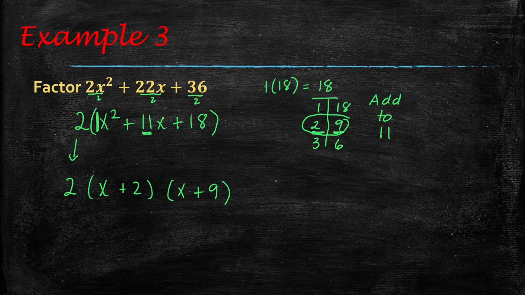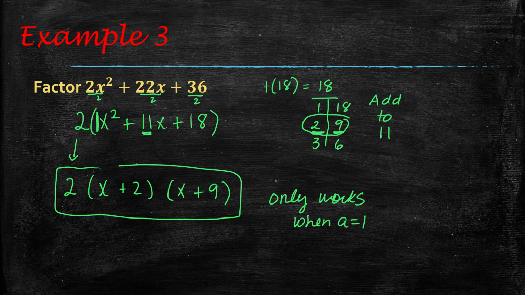Okay? Now remember, this only works when a is equal to 1. If a is not equal to 1, then you need to go through the long process of factoring by grouping.